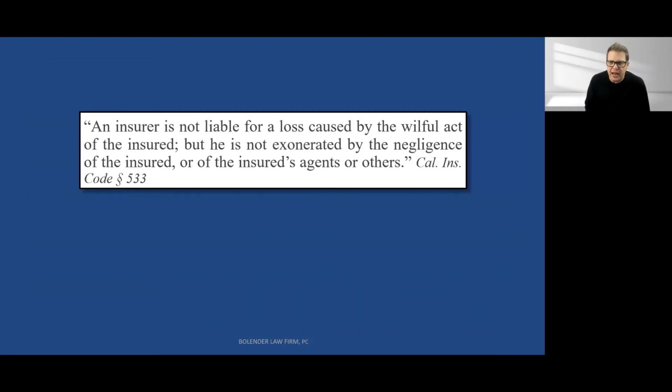This is a statutory exclusion for intentional acts. It is found at section 533 of the California Insurance Code. And so whenever you get an exclusion, you want to begin by studying the words very carefully, and you want to find the analytical focus of this exclusion.